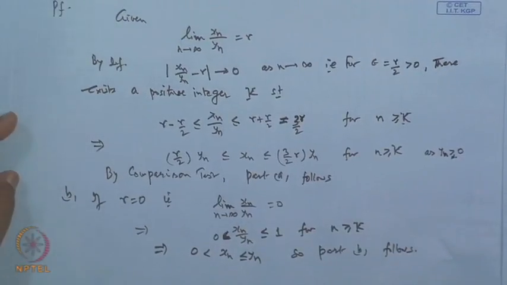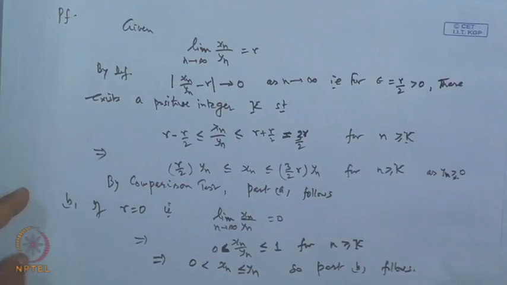Clear? These are the two results which will help in getting the nature of this series, whether it is convergent or not. All we have to do is suitably identify y_n, and then use the inequality or maybe the limit.